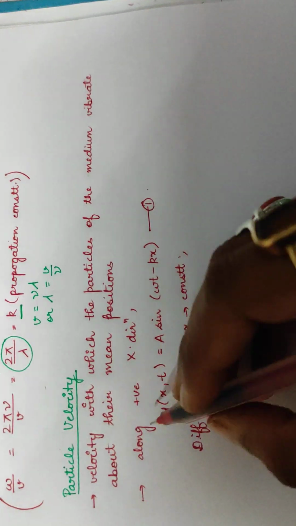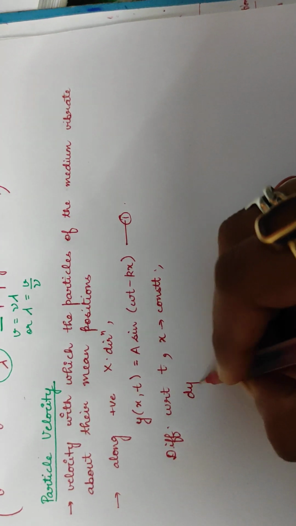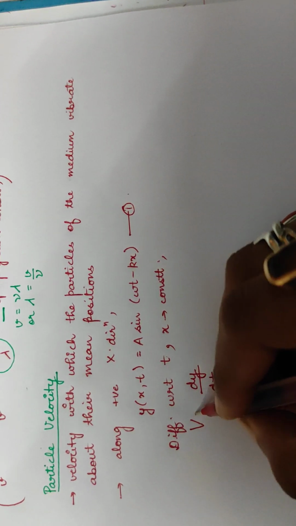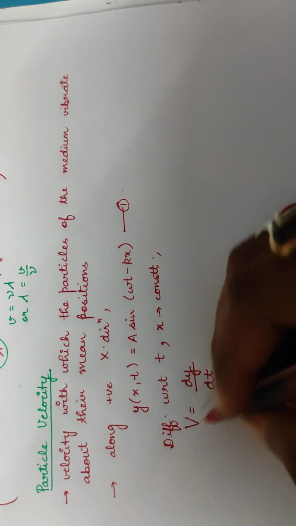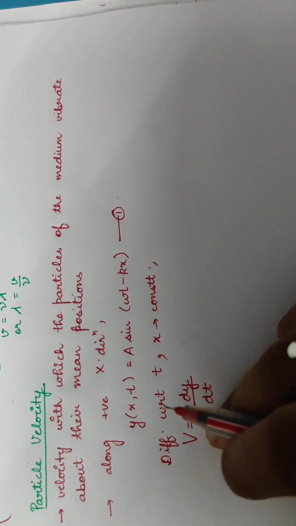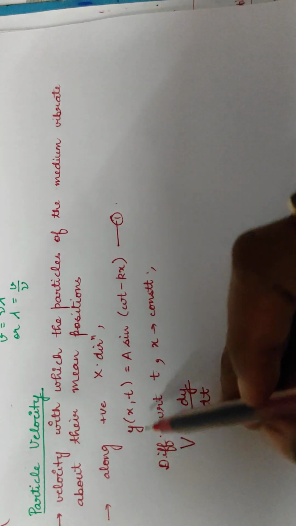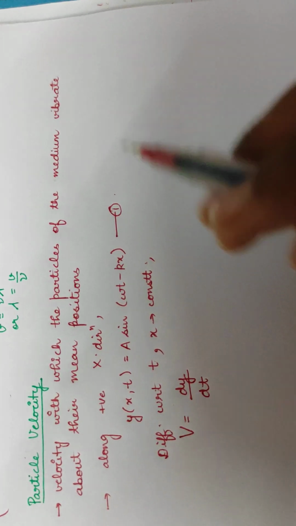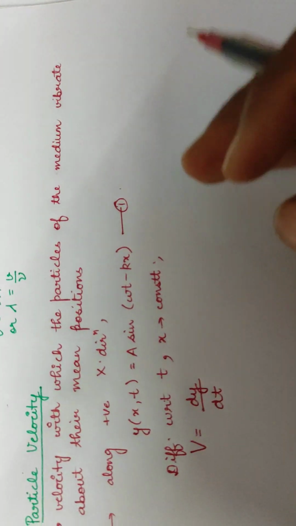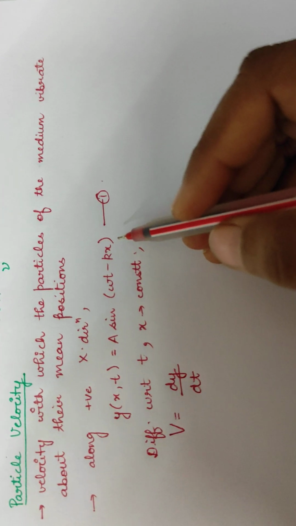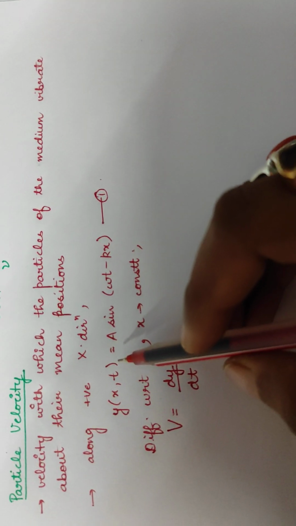Now, by differentiating, dy by dt will give you velocity. This velocity, which I am denoting by capital V, gives you the particle velocity. Why? Because this displacement is the displacement of the particle. Is that clear? I have explained it to you earlier also. This represents the displacement of the particle, which is a function of x and t.